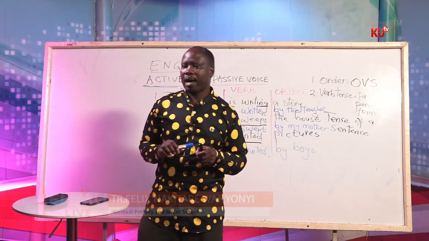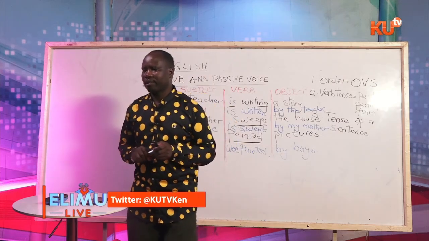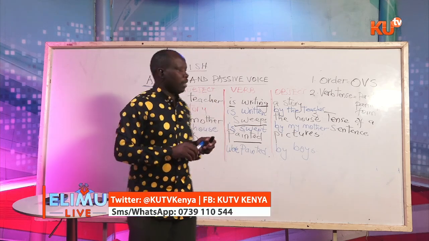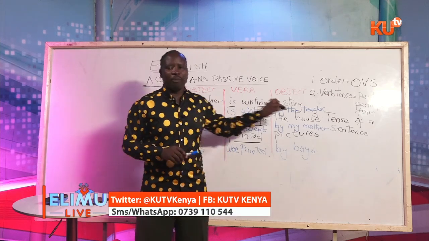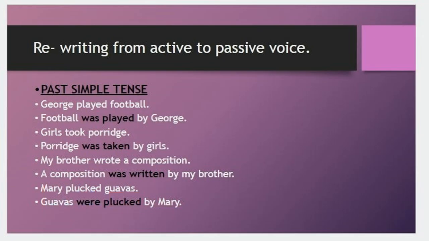We see past simple tense. Let's look at past simple tense in the next slide so that we have more examples just apart from these. We have past simple. We can see the first one. George played football. So I've changed just from present simple where it was George plays. It is now George played football.